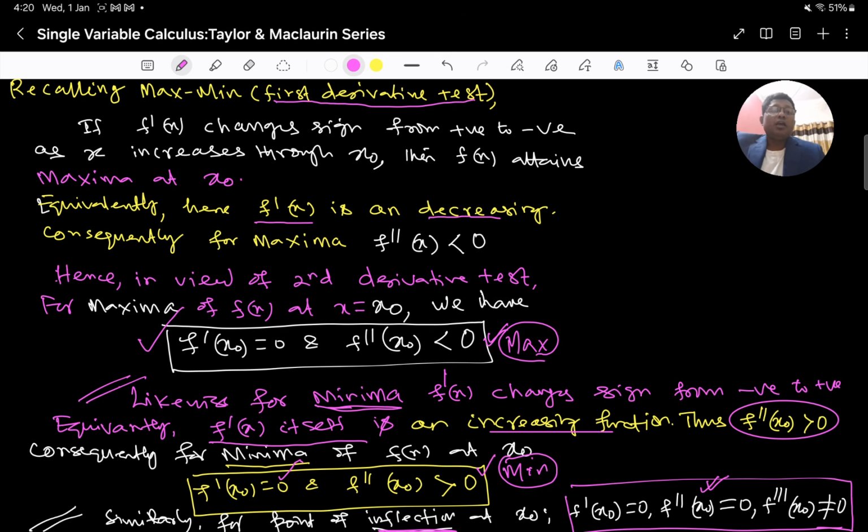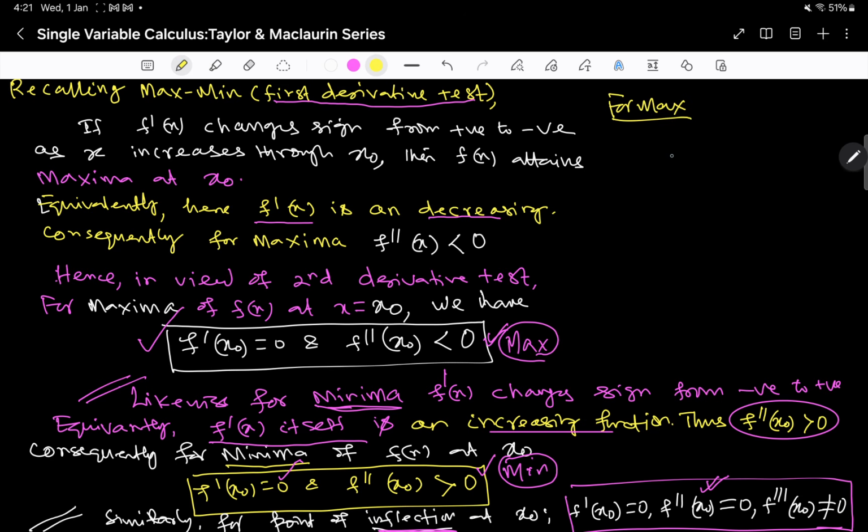So let me make you understand via the diagram. Also, you can refer to my previous lecture 1. As I have told you earlier, for maxima, here f dash x is positive in the left neighborhood, and at x0 it remains constant.